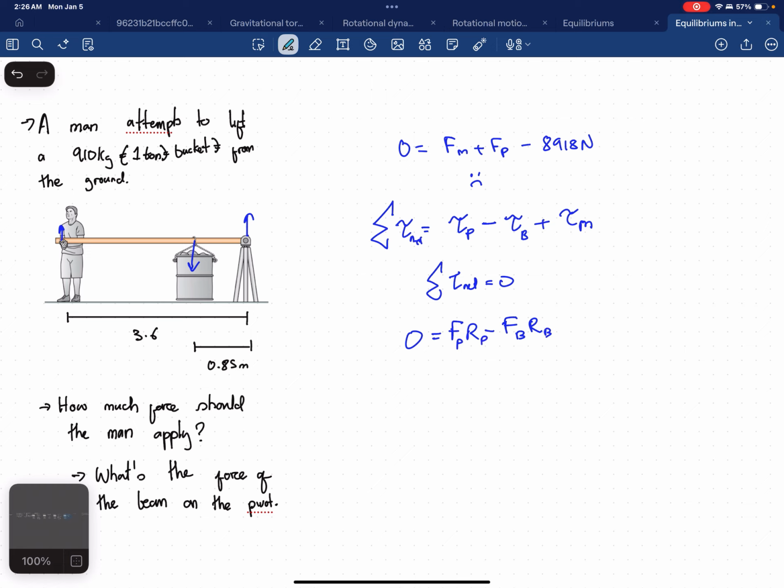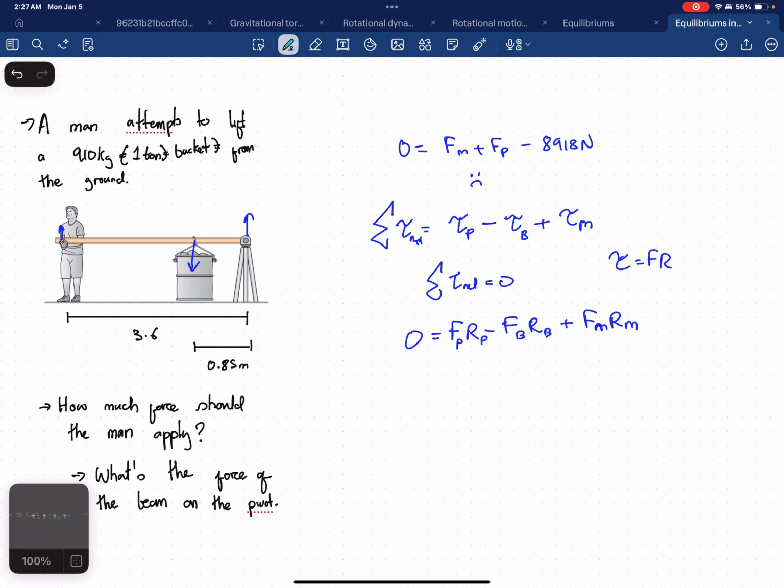Plus the man will be F man, F_M R_M. All right? I'm just plugging in the magnitudes for torque. We know F R, and the subscripts just indicate what object I'm referring to, with respect to the man, of course.